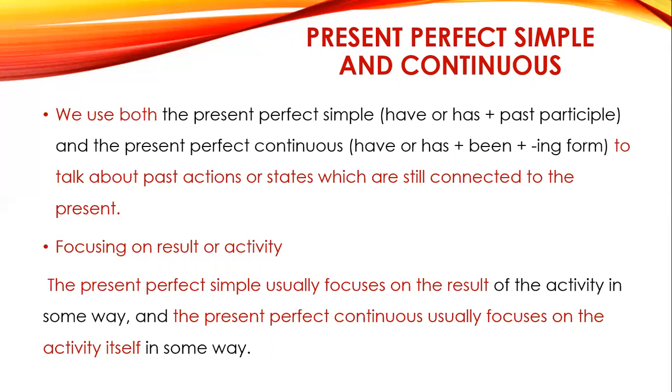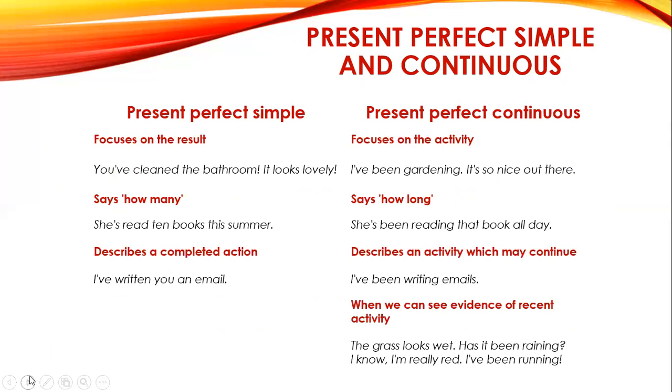Okay, so in the case of the present perfect simple, it usually focuses on the result. However, in the case of the present perfect continuous, that continuity makes the tense focus on the activity itself, okay? That is the main difference we have between these two tenses, okay?